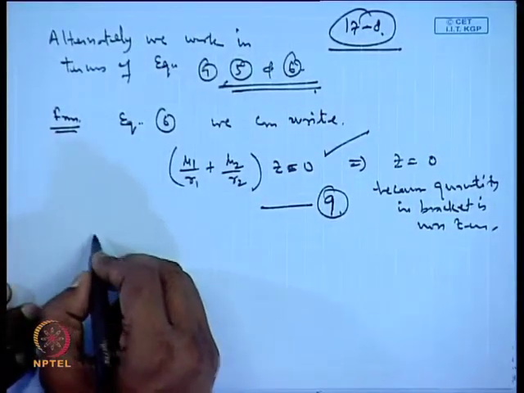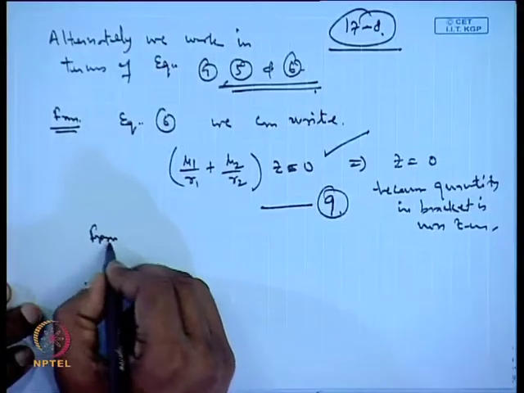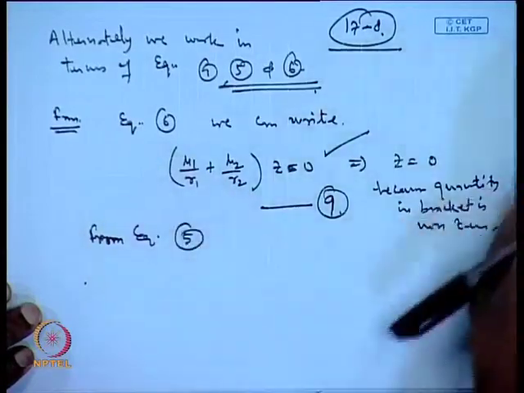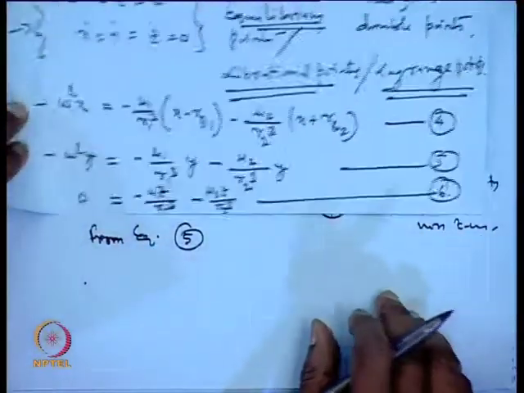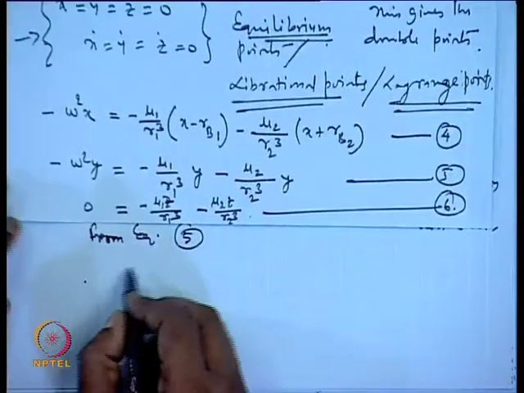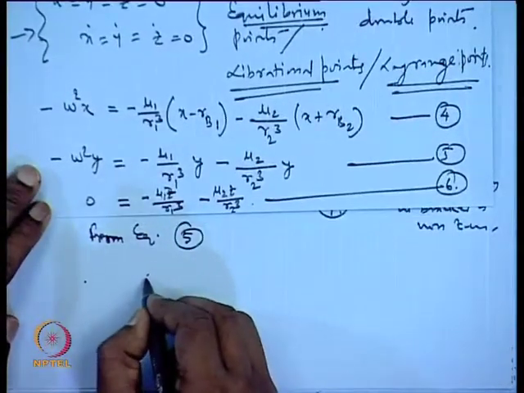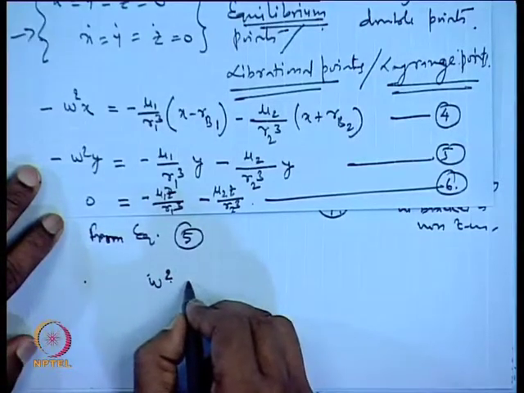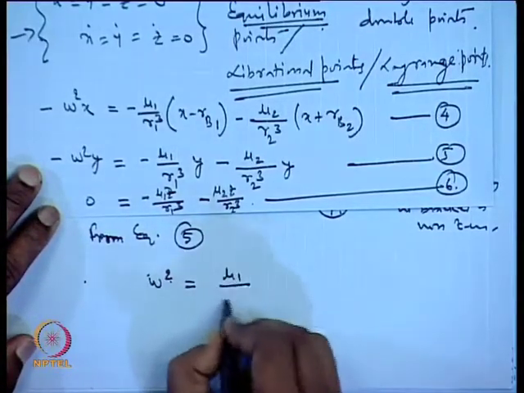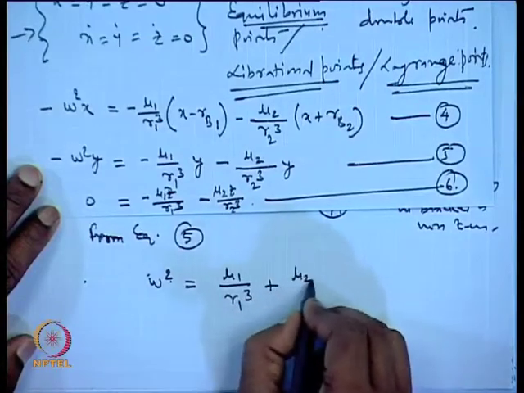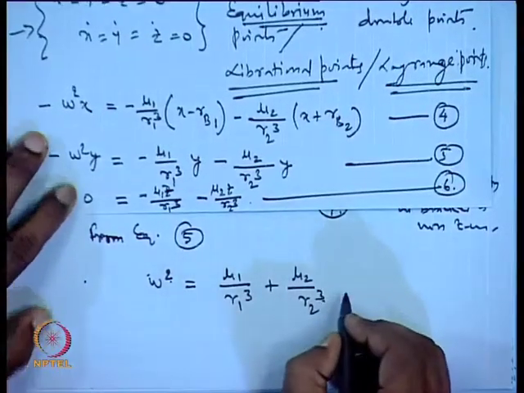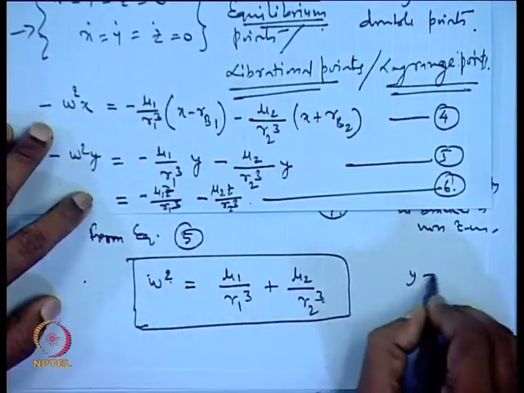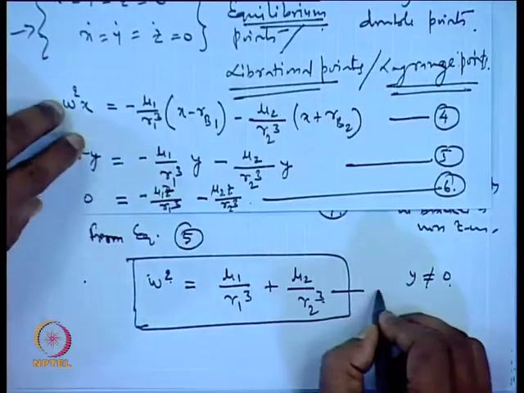Now, from equation number 5, we get omega square equal to mu1 by r1 cube plus mu2 by r2 cube, assuming y is not equal to 0. So this is our equation number 10.